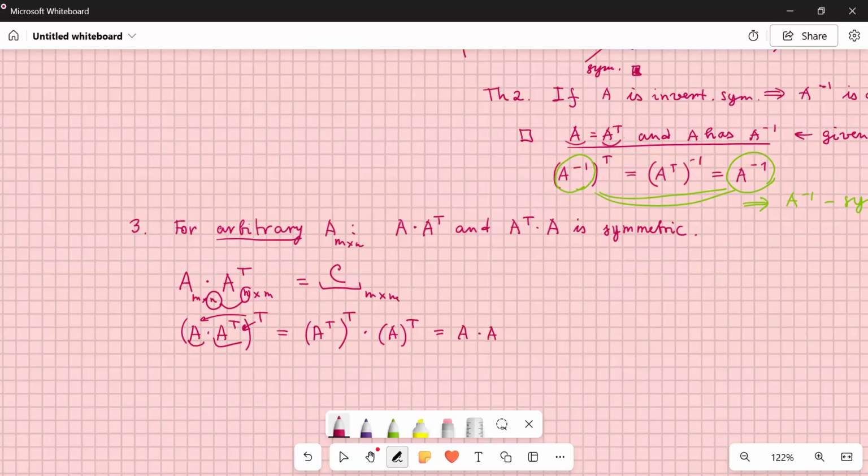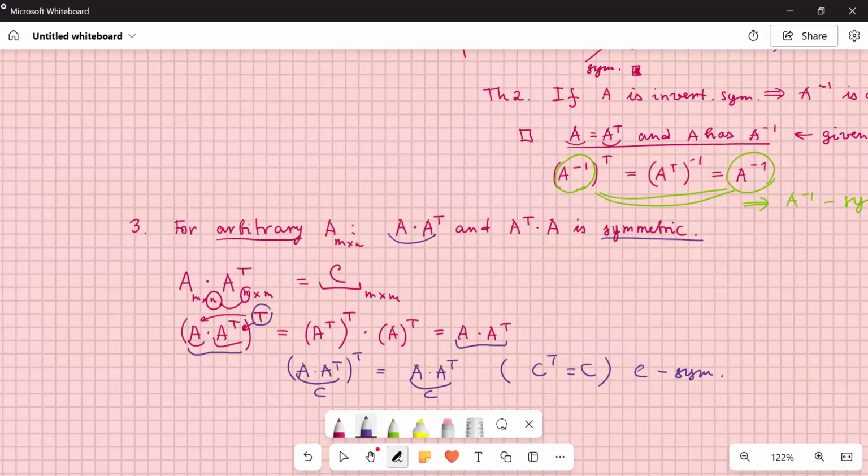And this is just A. So what we see, guys, is matrix A and matrix A transpose on both sides, but here we have the transpose of it, and here we have nothing. So basically, from this statement, we have that C transpose equals C. If we treat the product as matrix C, this means that C is symmetric, which proves this statement.